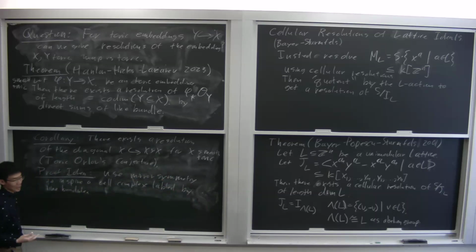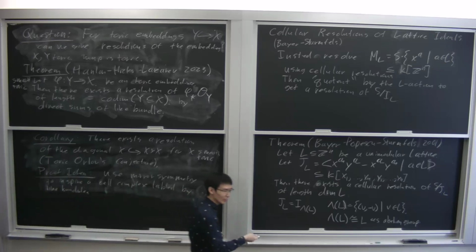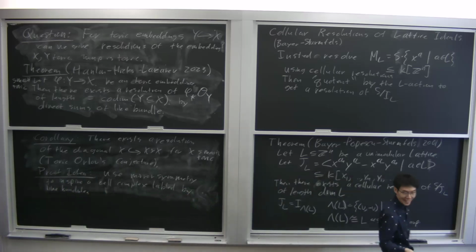So really, they are using some cellular type of resolution, but they're not using the tools that we're using here. They're reconstructing some of the tools, in fact. They rebuild some of the tools themselves. And in fact, they don't prove that it's a resolution using the techniques of cellular resolutions. They prove it's a resolution by checking on each affine patch using their complex. They're saying that my complex is simple enough that I can check on each affine patch. I am, in fact, a resolution, and so I'm a resolution as sheaves.